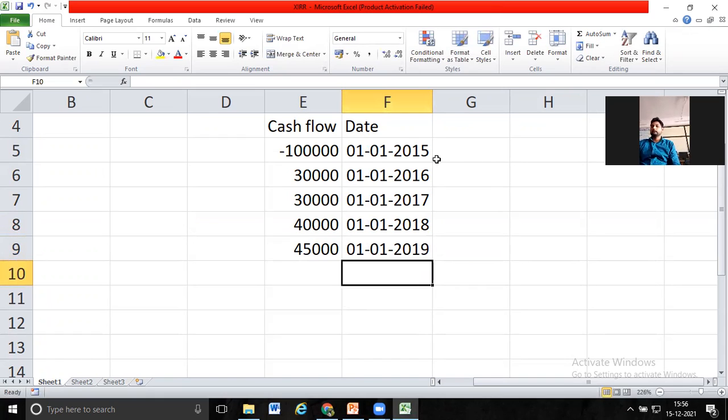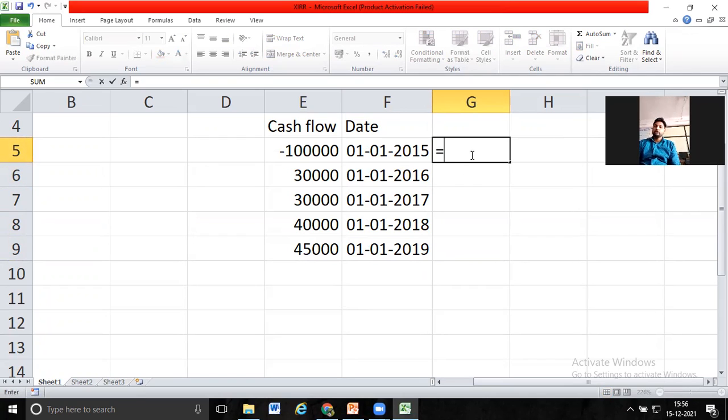So the dates on which you got that benefit or cash flow, you need to consider. Now you can take any cell for the next column, no issue for the Excel. In that particular cell, you have to call the function. Which function?